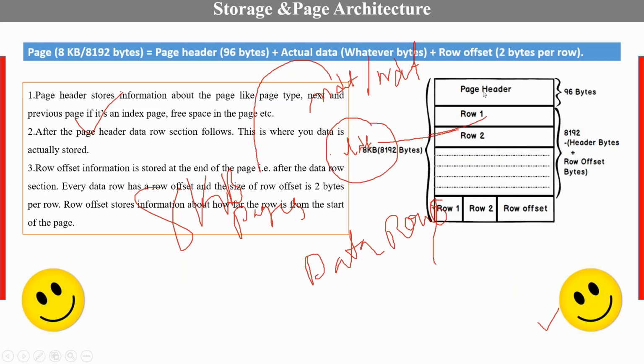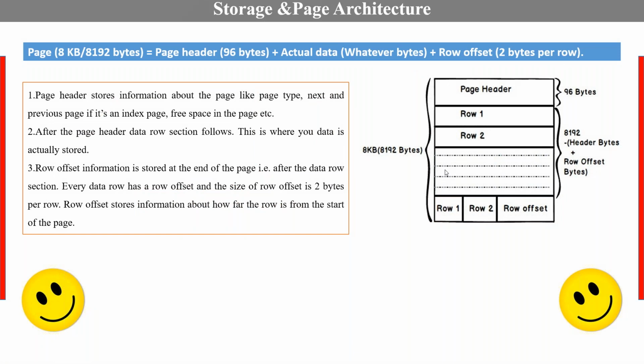if someone is asking about your page architecture, our answer should be: internally SQL Server stores all data in the form of pages. Each page size is 8 KB. Coming to page architecture, it contains page header, page footer, and actual data rows.